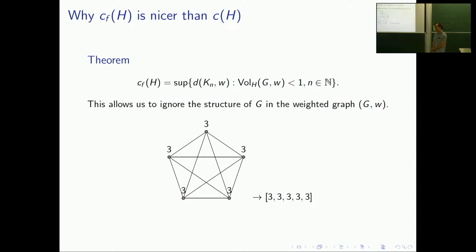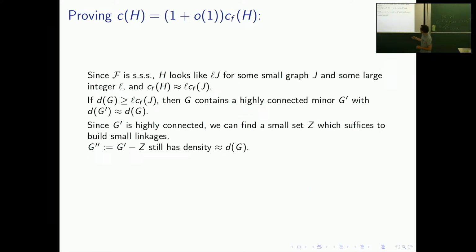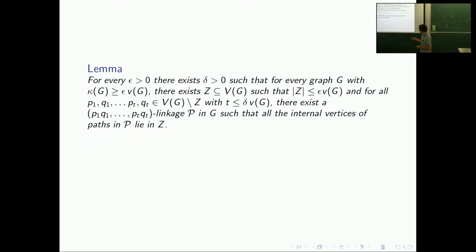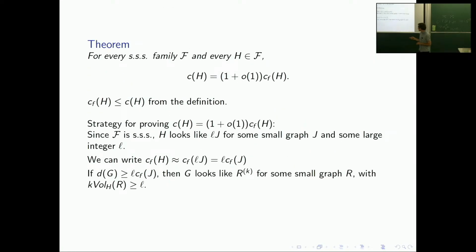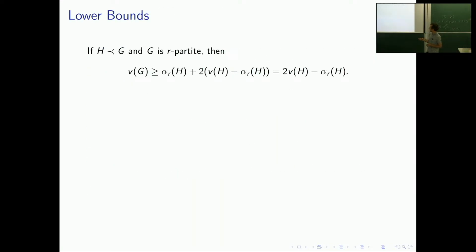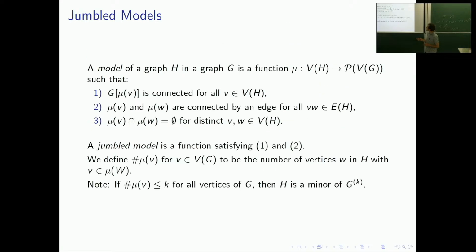Is there a version for topological minors? Our techniques don't really work for topological minors. But I should advertise again this previous paper, which does talk about topological minors quite a bit and gets some very nice results.